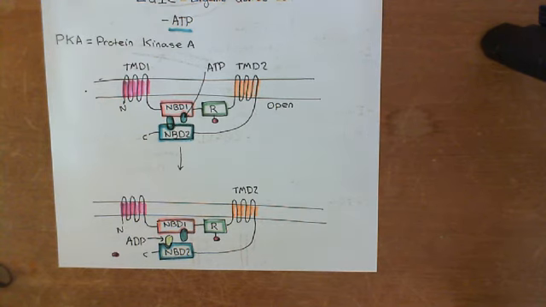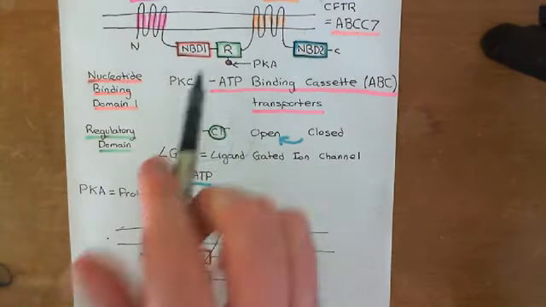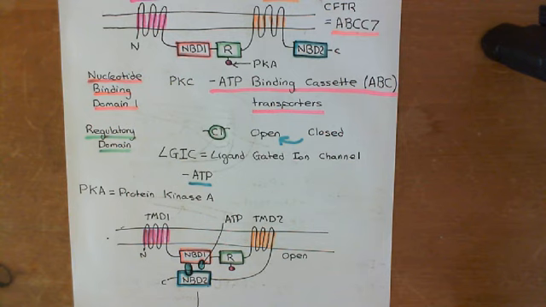And if you've got very little ATP, you're not going to be in this state very often, and you're going to be in the closed state most often. And remember also that even to start the whole cycle off, you needed that phosphorylation on the regulatory domain of the cystic fibrosis transmembrane conductance regulator by protein kinase A.